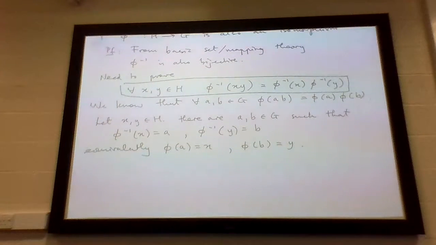You can just change phi A times phi B to phi AB, using the homomorphism property for phi. That's the only thing we can do, really. I mean, you can change it back to X times Y again, but that just steps backwards. No progress. So I should use the homomorphism property. So this is phi AB, by the hom property for phi.